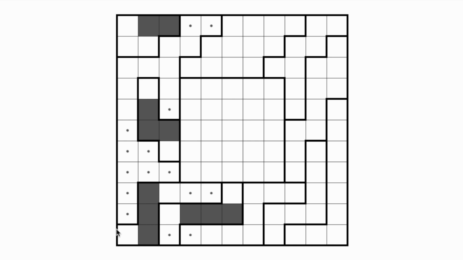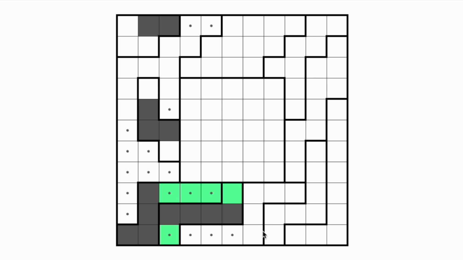And this region can only connect to the rest of the world through this cell now. So that forces this to be shaded, forces this to be unshaded because the 2 by 2 shades that one, and we are off. This can't be shaded because we get a 2 by 2 here. This can't be shaded because we'd have to go around the corner and give ourselves a 2 by 2 there.